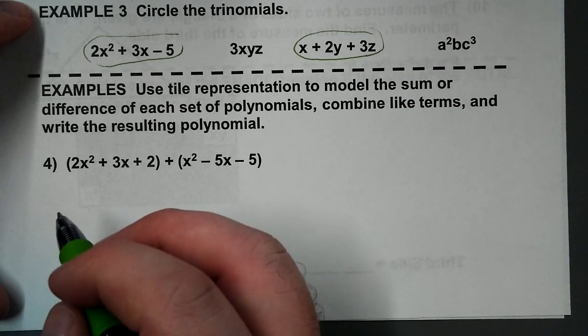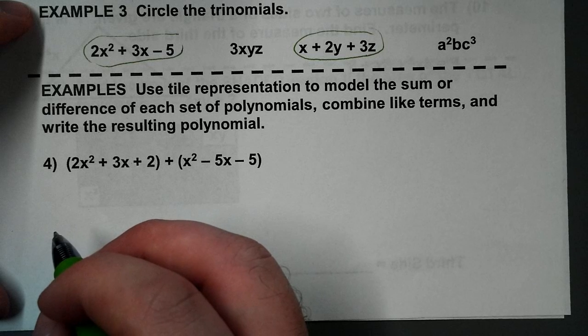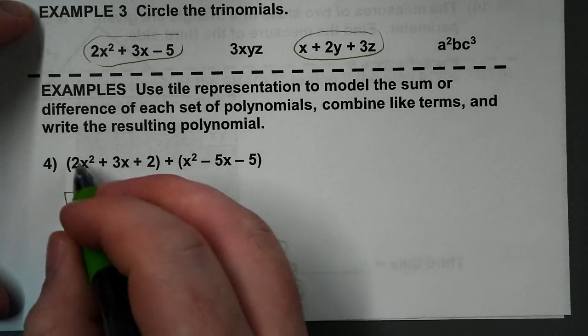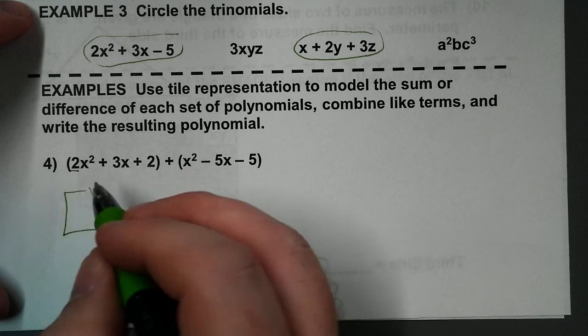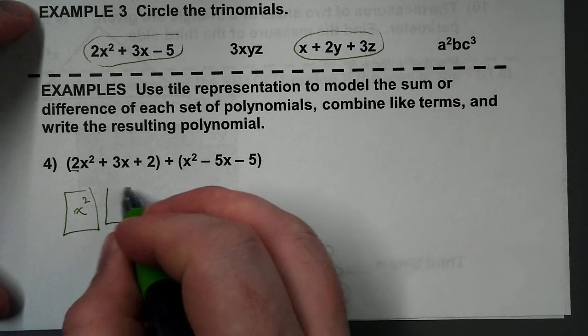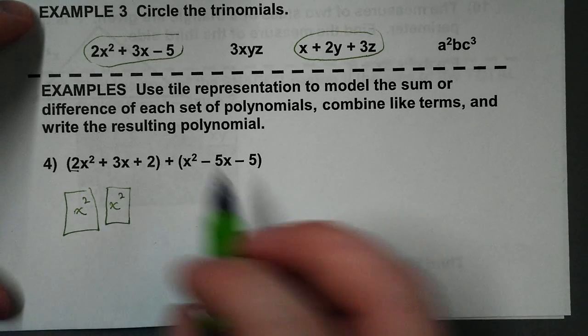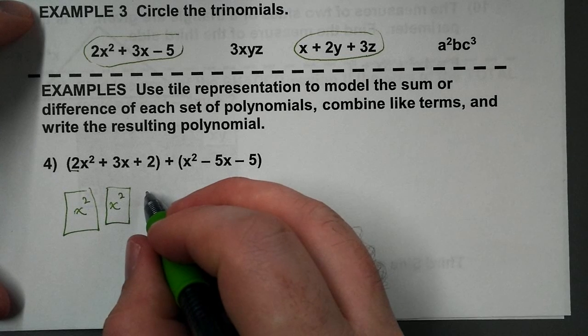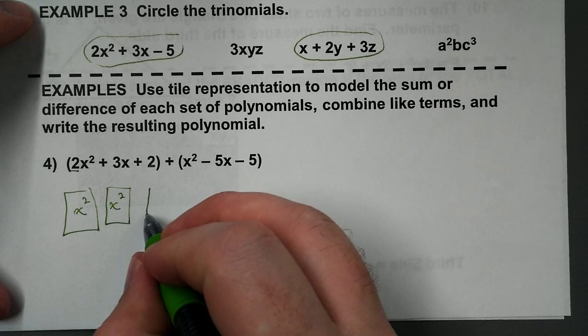So let's draw in big boxes as the x squared. So I've got 2x squared. So I should have an x squared here and an x squared here. And we'll draw in the x's as just long strips to show they're about half that size, right?